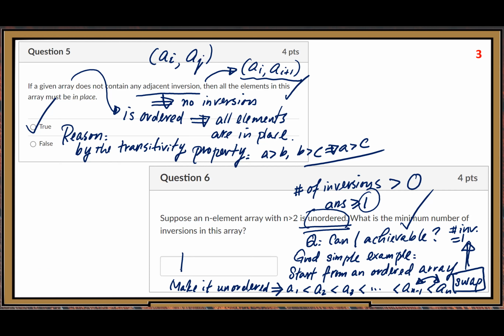To answer this question correctly, if you follow the way we are doing here, using a good example to show the answer 1 is really achievable, then that's the good process for your answer.